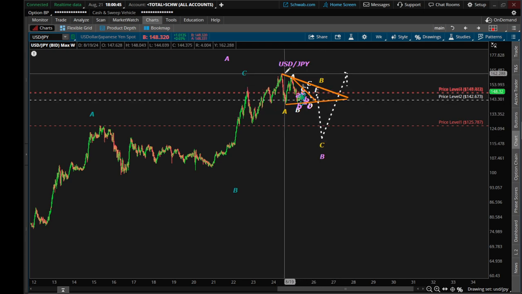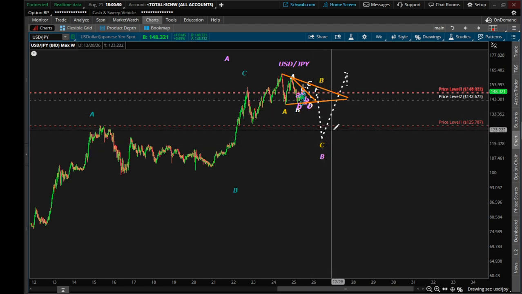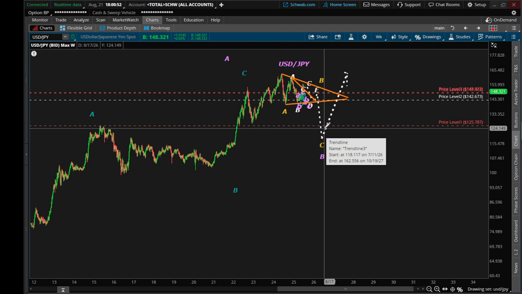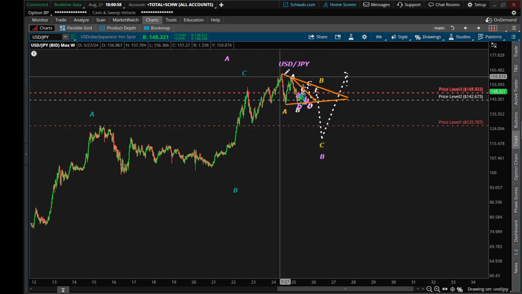So we're going to have a higher high here and a lower low somewhere maybe in the 120 level. Okay, 120 to 125, 130. So that's why we see this higher high up here around the 160 area.